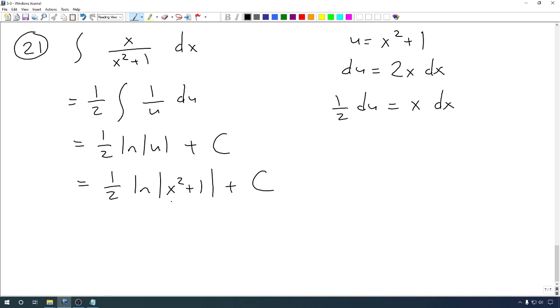It's always at least 0. And when we add 1 to it, that means x squared plus 1 is always at least 1. That means that we're only dealing with positive numbers inside of this absolute value. So we can actually remove the absolute value in this particular case, and it doesn't change any of the answers.